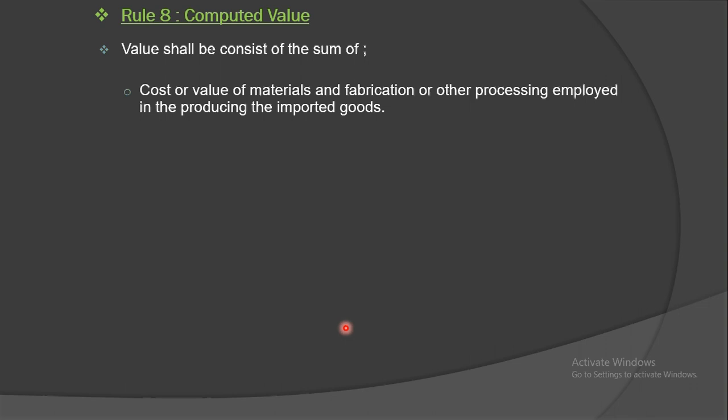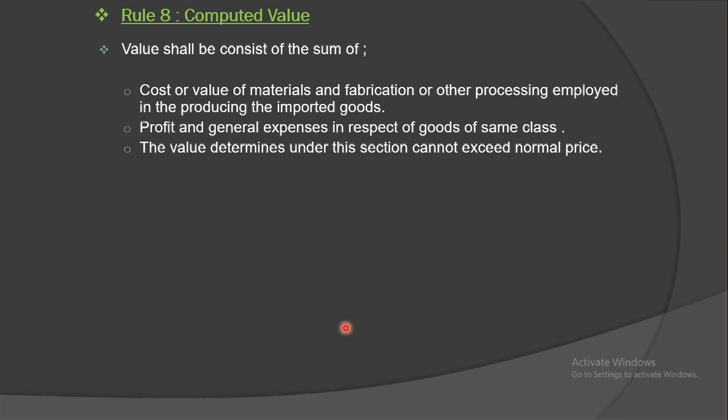We add all these to reach the cost of the product of that good. Then we add profit and general expenses. The value that results, we take as our assessable value. But that assessable value cannot exceed the normal price of the goods. So rule 8 is completed.